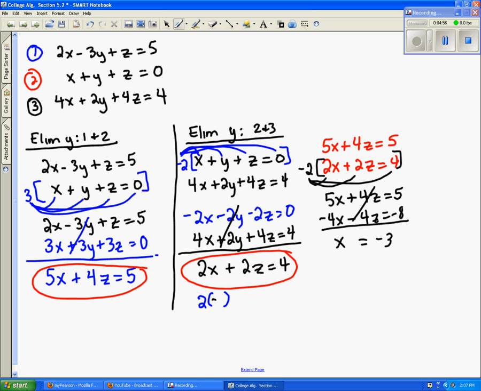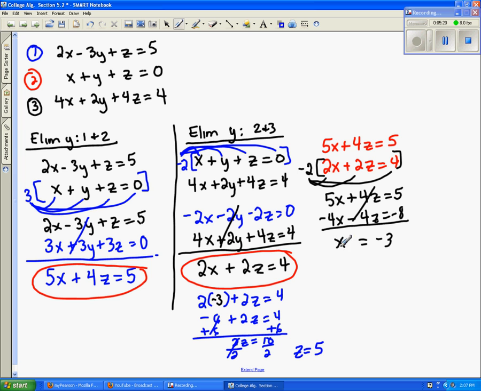So I get negative 3 plus 2z equals 4. And now I'm just solving for z. Add 6, and I get 2z equals 10, divide by 2, and we get z equals 5.